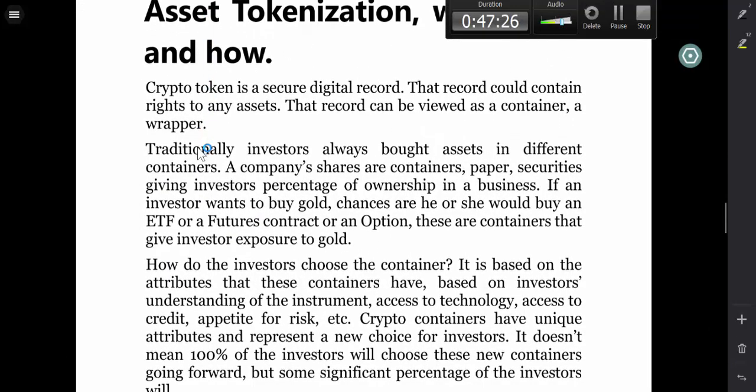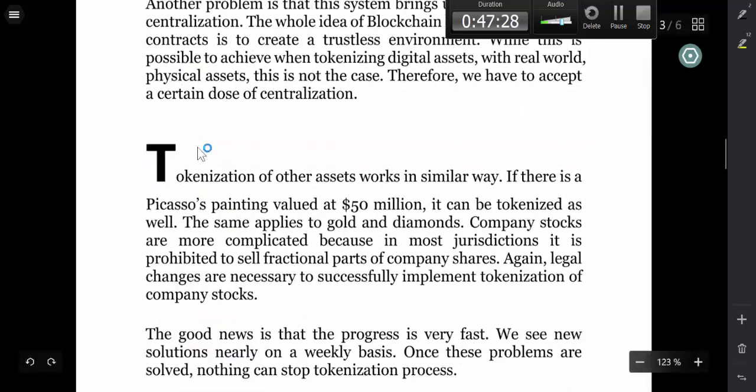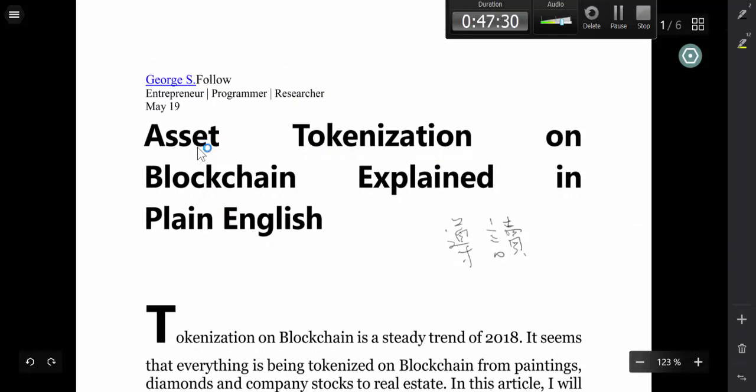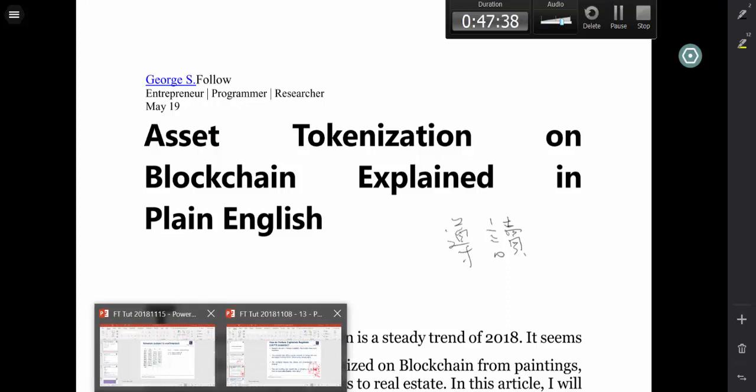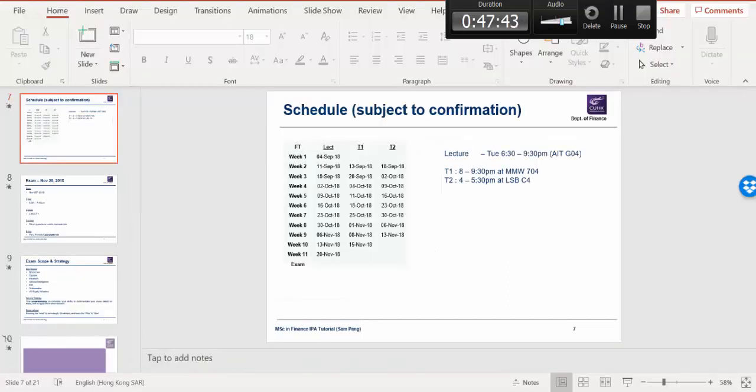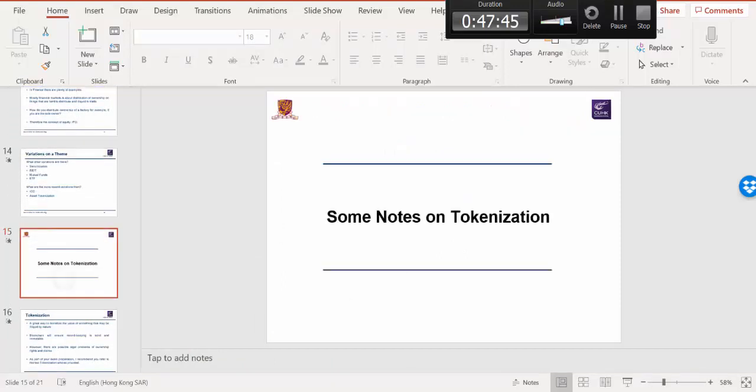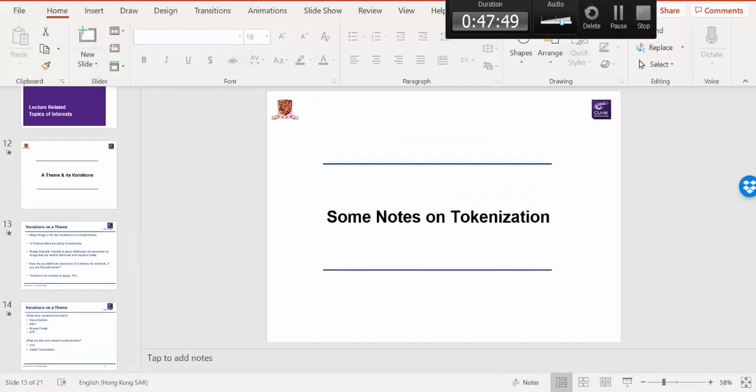All right, let's look at the first one. Are you all okay with the idea of tokenization? You know what tokens are, right? I actually think that some of these ideas are what I call variations on a theme.